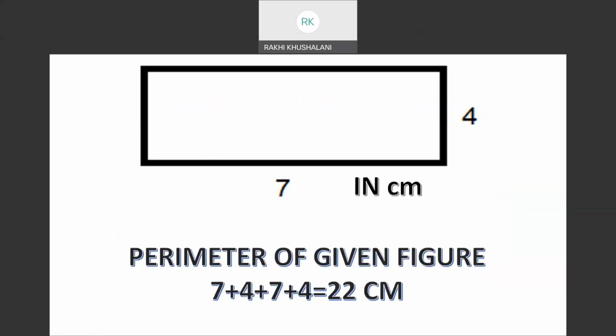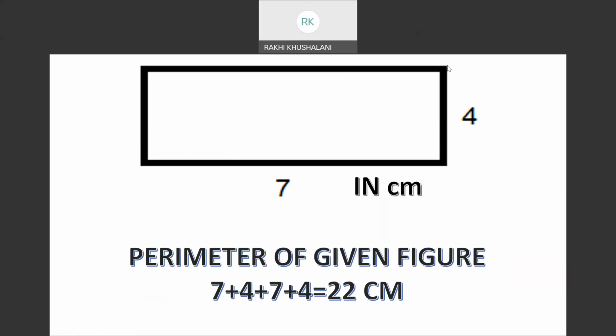Suppose I have this rectangle with me, and the sides are given in centimeters, that is, this side is 4 centimeter and this is 7 centimeter. In a rectangle the opposite sides are equal, and it's also visible that this will be 4 centimeter and this will be 7 centimeter.